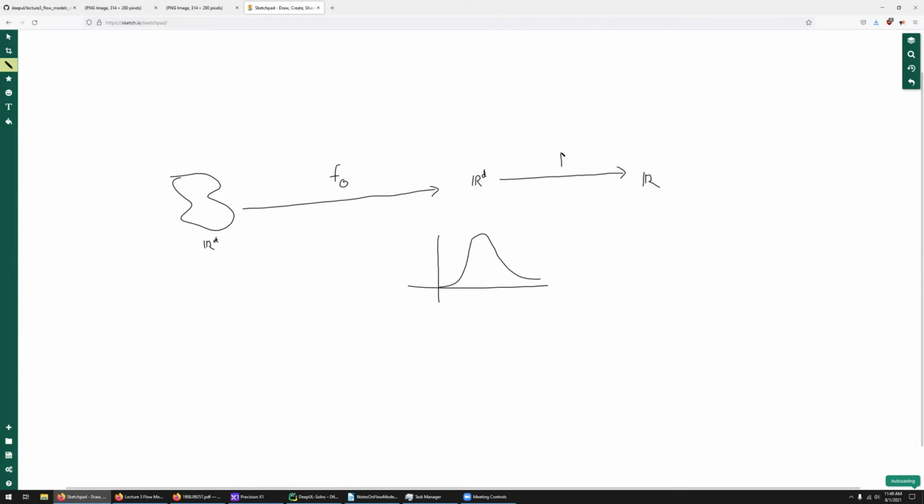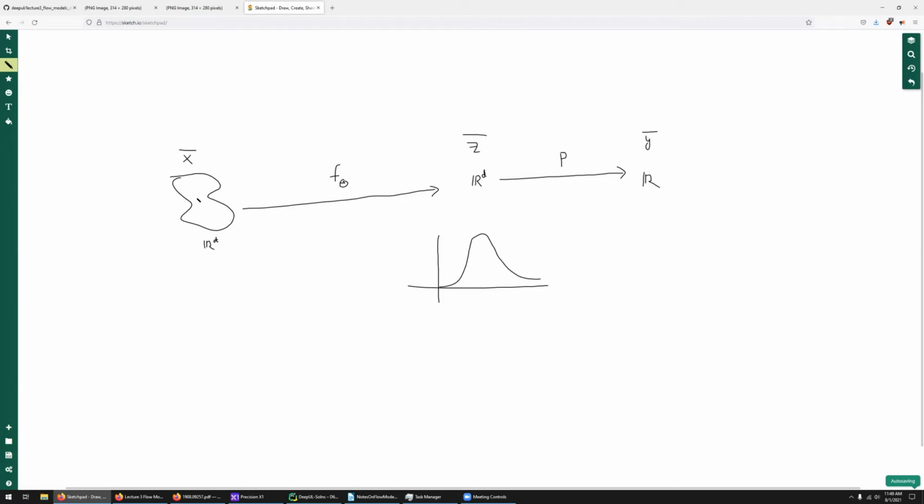Let's call it P. Let's call the data X, this dimension Z, and the probability value Y. This theta denotes the parameters we want to learn.